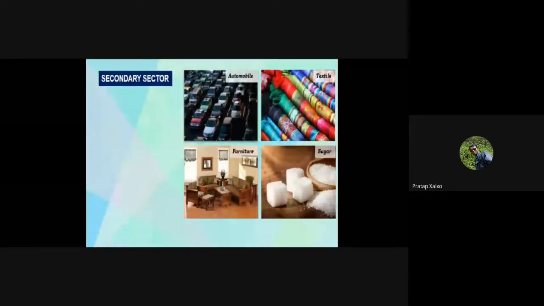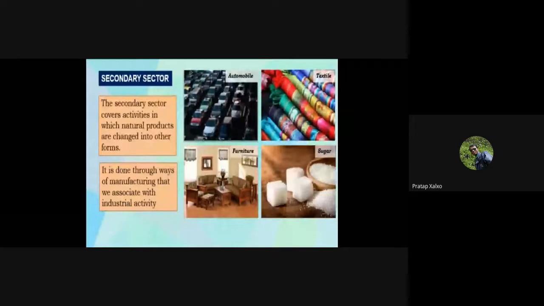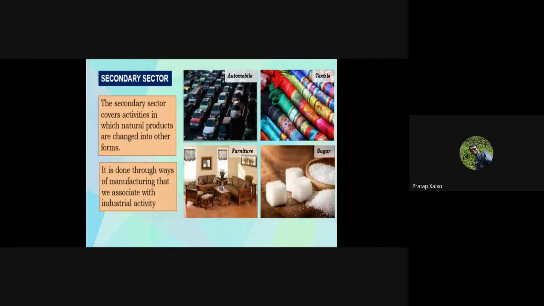In all these activities, we take the raw materials and process it. So, the secondary sector covers activities in which natural products are changed into other forms. It is done through ways of manufacturing that we associate with industrial activity.